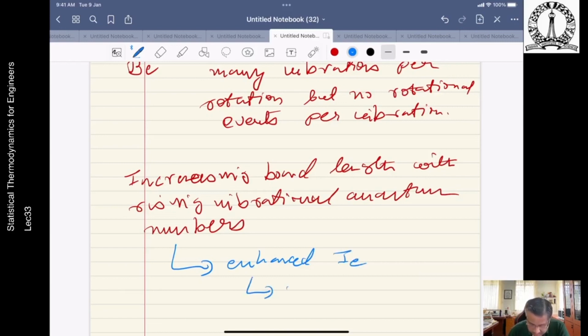Ie therefore reduces effective rotational levels.